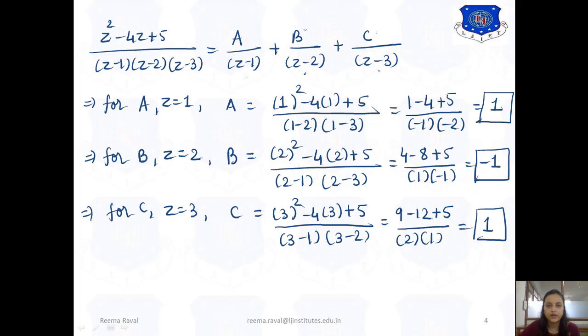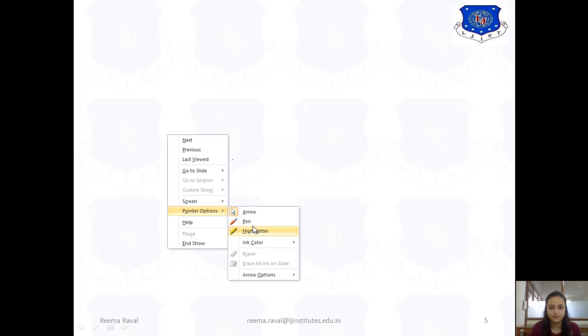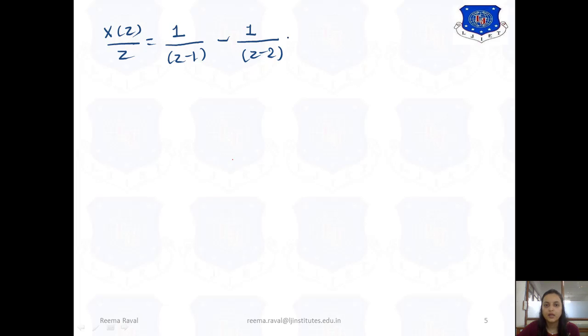So we'll place these three values in this term to get the X(z)/z term. Okay. So now we can say that over here X(z)/z equals A upon (z − 1), and the value of A is 1, so that is 1 upon (z − 1), B upon (z − 2), and the value of B is −1, so −1 upon (z − 2), and the C value is plus 1, that is 1 upon (z − 3), right?